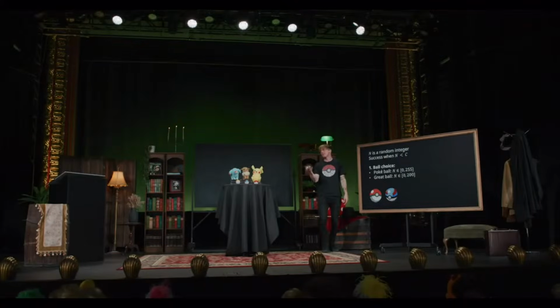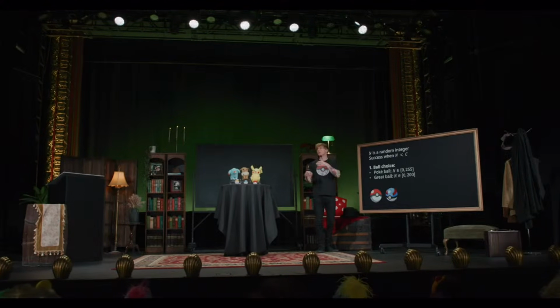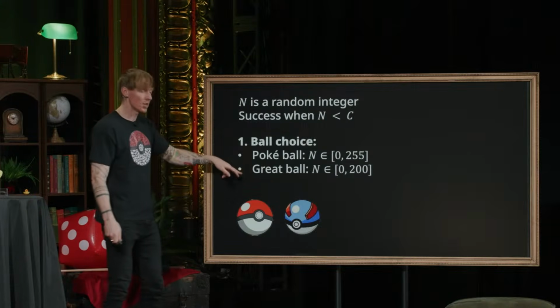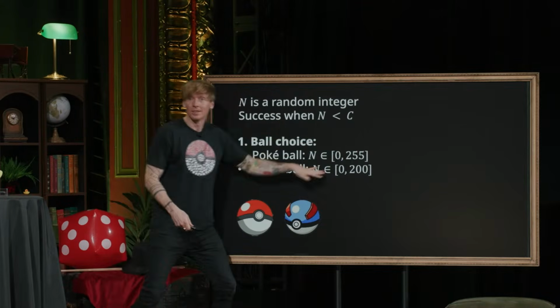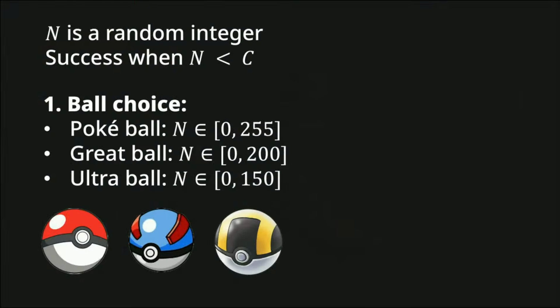Then if we go even further into the game and we get the Ultra Ball, the one you get towards the end, the Ultra Ball is even stronger. So we expect the range to shrink following that pattern, and that's exactly what happens. Now our integer n is drawn from 0 to 150 when using the yellow Ultra Ball. Here we can very explicitly see in the maths and in the function just how using these stronger Pokeballs affects our chances of success.